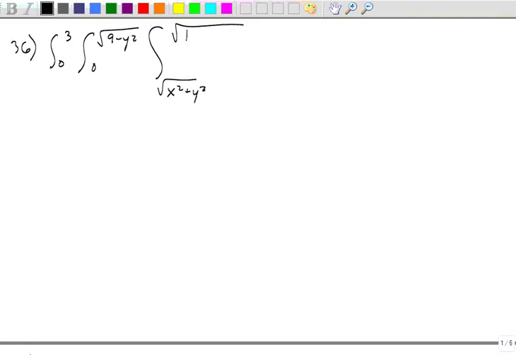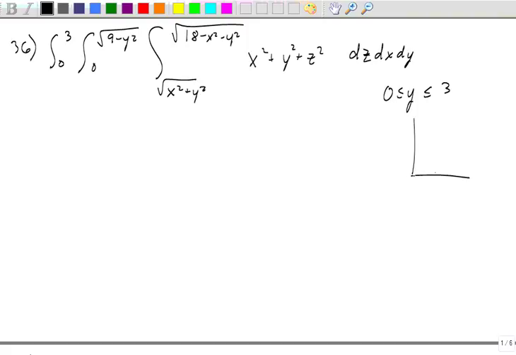Okay, in 36, y is between 3 and 0. I don't know if it's a circle, so I'll just do this.